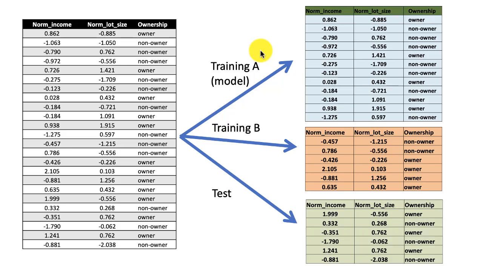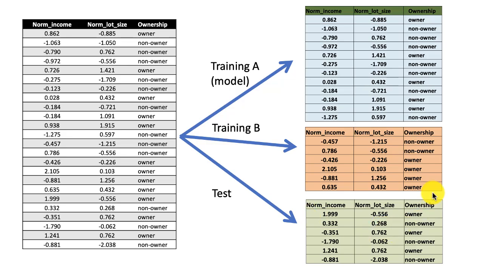So there are three partitions. And roughly what I've done is divided the data into 50, 25, 25. Okay, a half going into training A and a quarter going into training B and test. Okay, now if you really look back, the real training partition is this one. What I'm calling training B is the real training partition, and this is the test partition.